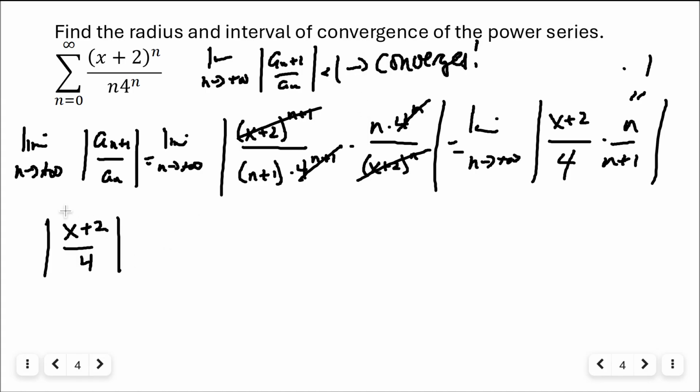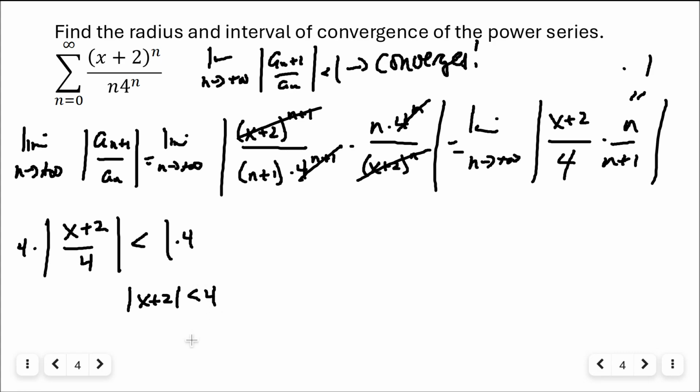So then I would need the absolute value of x plus 2 over 4 to be less than 1 to make this thing converge. Now I'm going to try to solve for x. I'm trying to get x alone. So that means the absolute value of x plus 2 has to be less than 4, if I multiply by 4 on both sides.